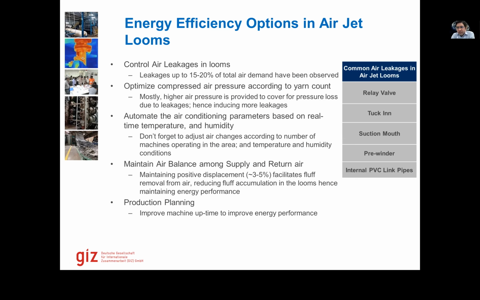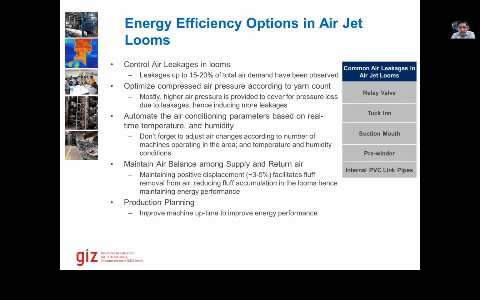Common areas where the leakages take place are relay valves, tuck-in cylinders, suction mouth, pre-winder, and internal PVC link pipes. These are the areas where you have to look for leakages. But if you shut down the whole process, start the compressor, you will hear a lot of hissing sounds, some of which can be repaired right away.